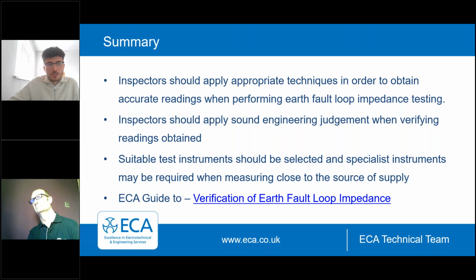Okay, so to summarise, inspectors need to be aware of appropriate techniques in order to obtain accurate readings when performing earth fault loop impedance testing. Inspectors need to apply sound engineering judgment when verifying the readings obtained, and suitable test equipment should be selected, and specialist instruments may be required when measuring close to the source of a supply.